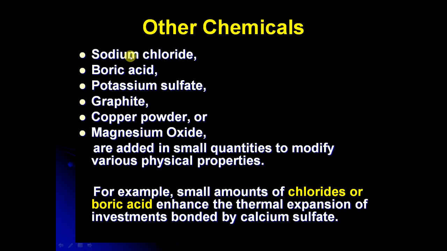Other chemicals are sodium chloride, boric acid, potassium sulfate, graphite, copper powder or magnesium oxide, which are added in small quantity to modify various physical properties. For example, a small amount of chlorides or boric acid enhances the thermal expansion of the investment bonded by calcium sulfate.